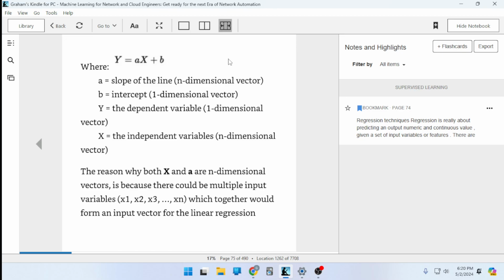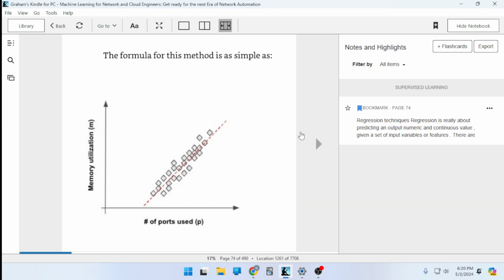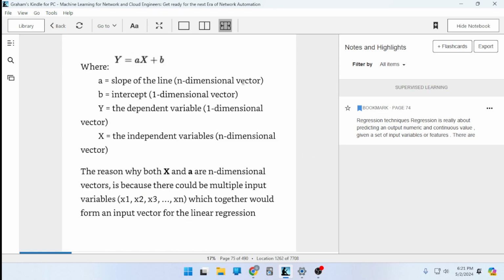And y equals the dependent variable, a one-dimensional vector, and x equals the independent variable, an n-dimensional vector. So y equals mx plus b is something hopefully everyone is familiar with. The b would be where it intercepts here, so it would be a negative value, not shown on the graph there.